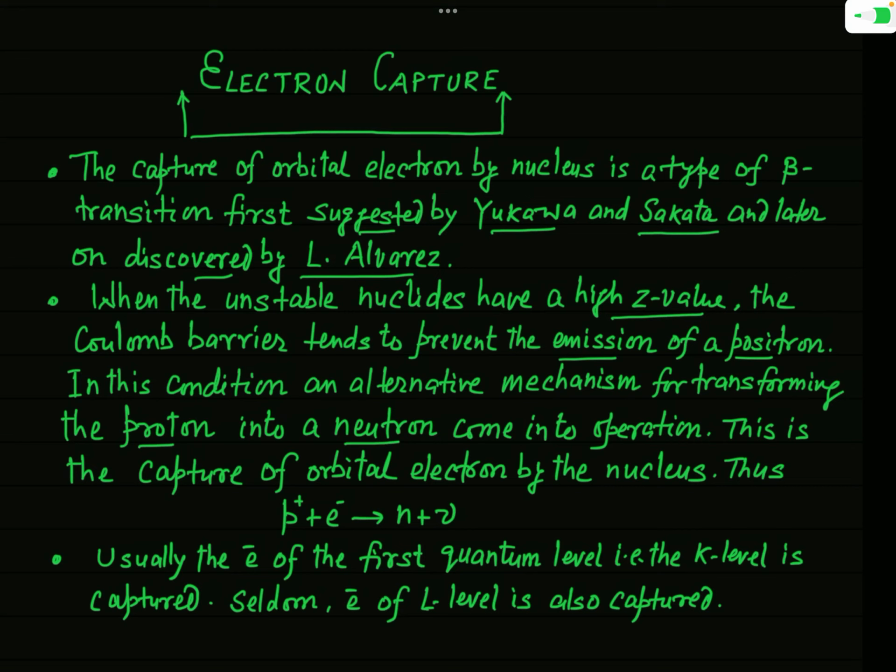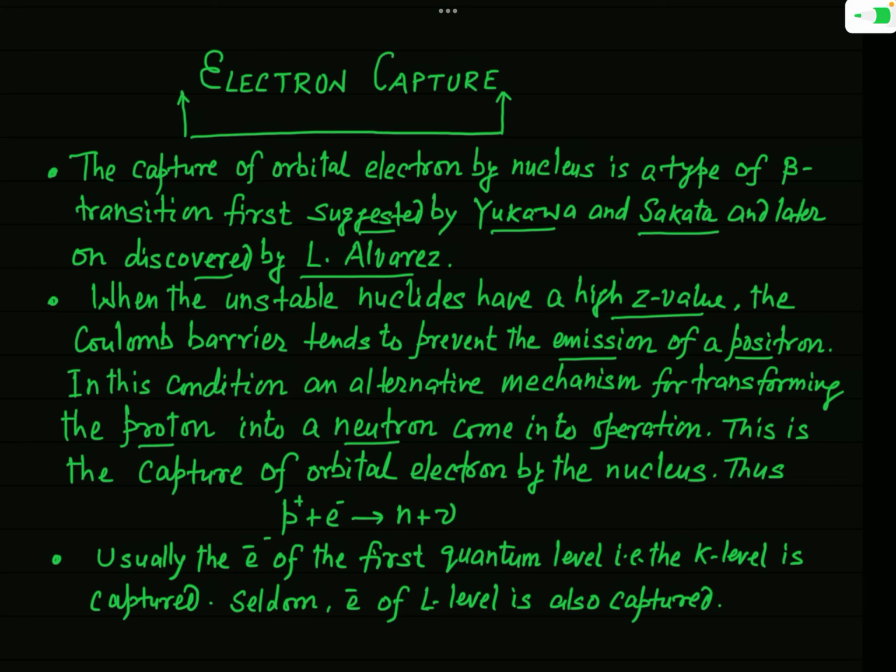The orbital electron, or the electron present in the shells of the atom, is captured by the nucleus, and after capturing the electron, a proton is converted into a neutron and a neutrino. You can see I have mentioned that process here.